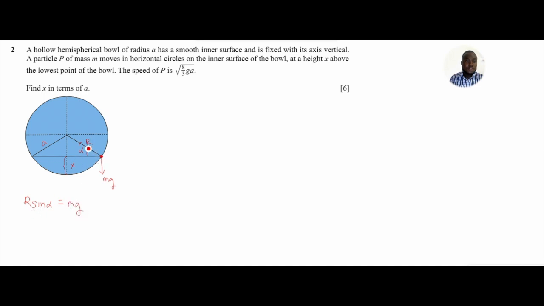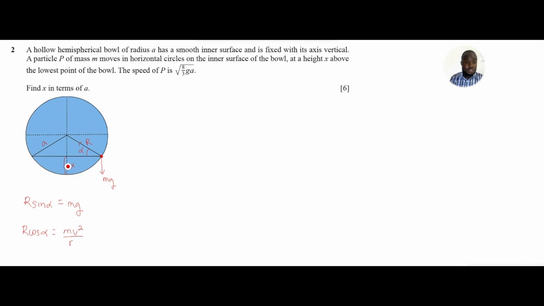And the x component, or the horizontal component, of this R is what will provide the centripetal force that will keep this body in the horizontal circle. This should be equal to mv squared over the radius of the circular path. Let me call that small r for now.